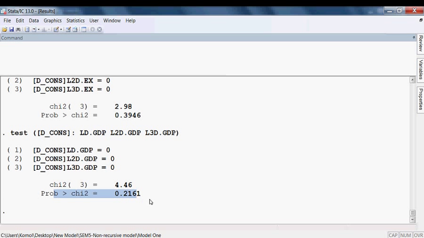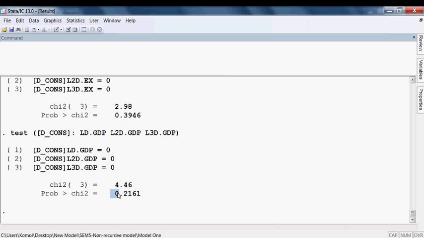So actually, we set it as before. What is our null hypothesis? The null hypothesis is there is no short run causality running from GDP lag 1, GDP lag 2 and GDP lag 3 to cons. That is the null hypothesis as before.